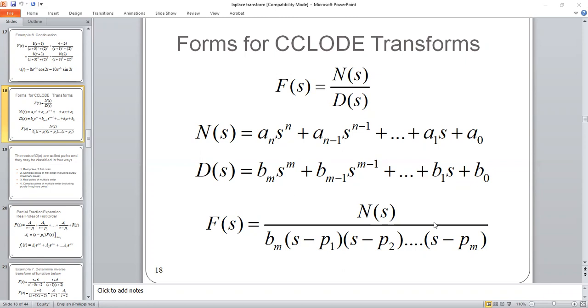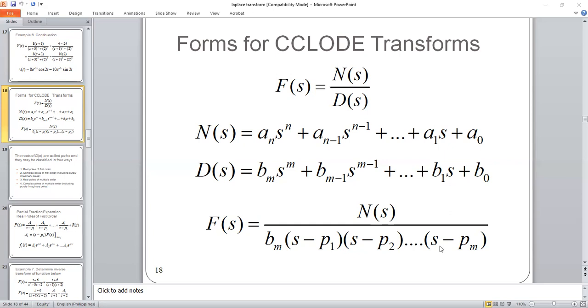Notice that the numerator is still written as n of S, but the denominator now is factored. Why factor the denominator? You're going to use the principle that you have applied in method of partial fractions in integral calculus, and the same principle that you have applied in method of undetermined coefficients. You use partial fractions here.